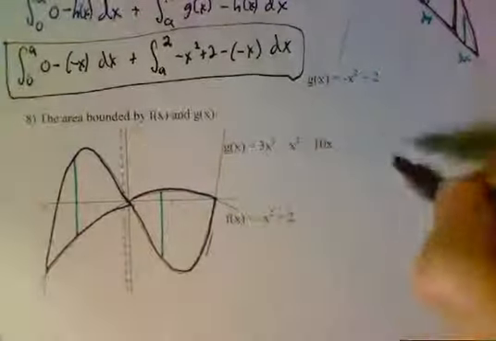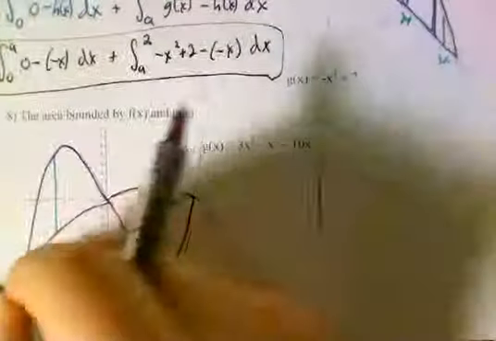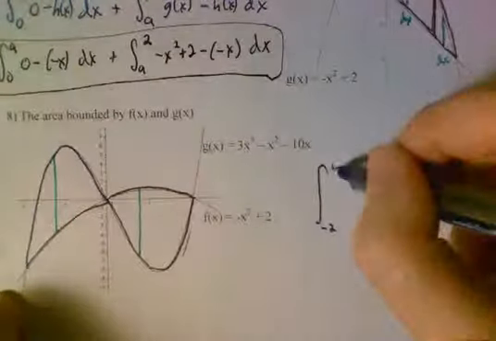So for the blue one, our first rectangle would be at negative 2. Our last one would be at 0. It's a dx. And since g of x is on top and f of x is on the bottom, my height is going to be g of x minus f of x.